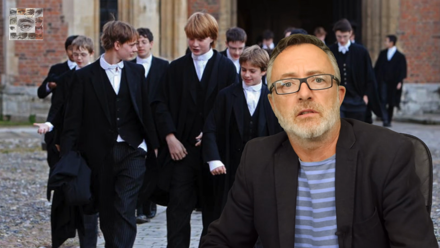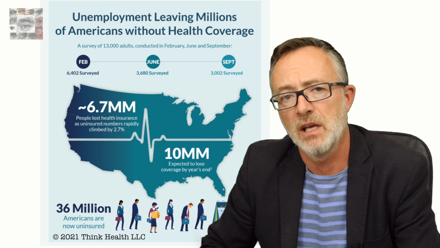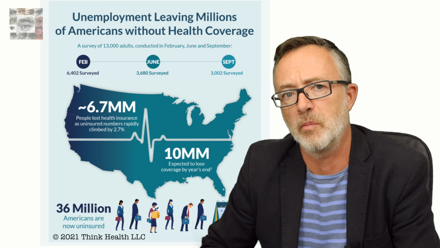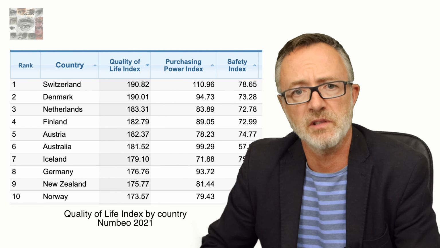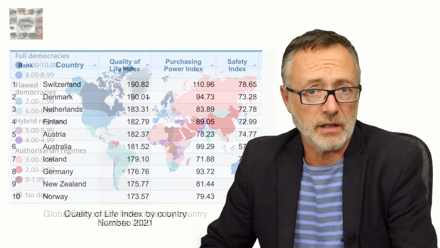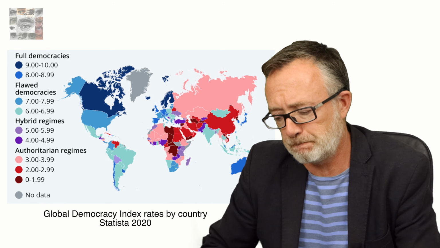If there is an exclusive private education system or private health insurance that guarantees significantly different life opportunities to its citizens, well, this can only undermine the social cohesion, making it much more difficult to guarantee that all voices will be heard equally. It is no coincidence that today, countries that appear top of the table in the Quality of Life Index also rank highly for the quality of their democracy.